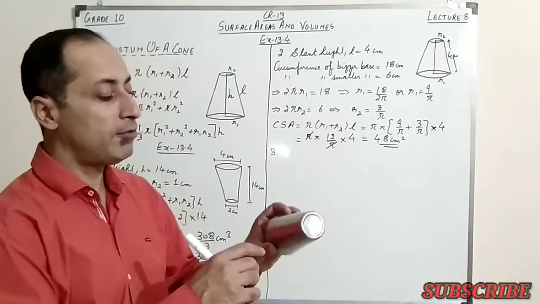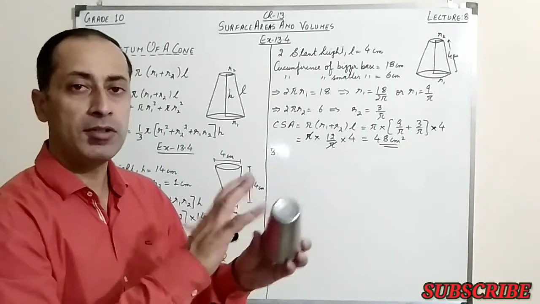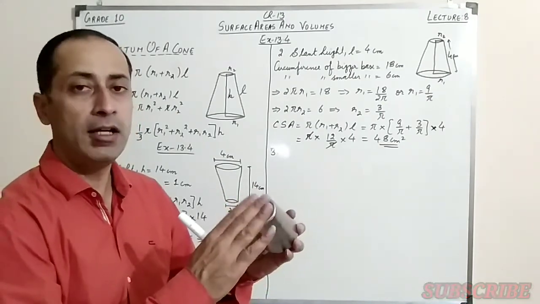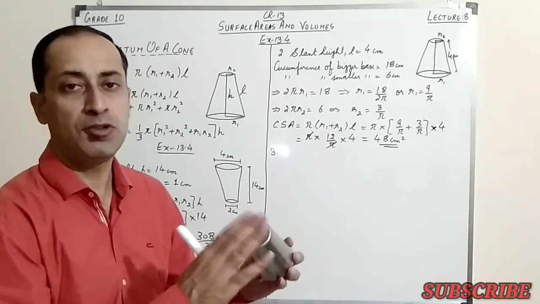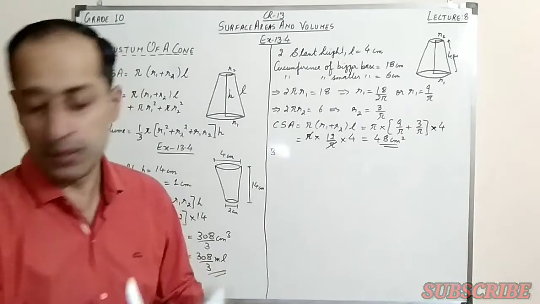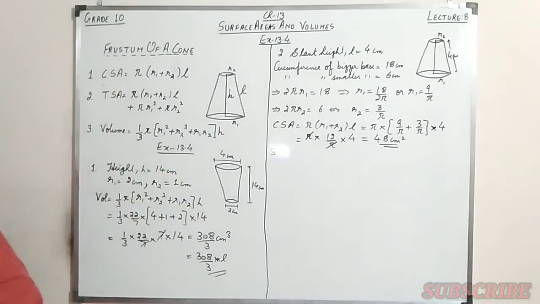So for that, what would be required? The curved surface area, because the material is being used to make the curved surface, and the area of one of the bases, that is the smaller base, because the bigger base is open. Let's draw the diagram first.